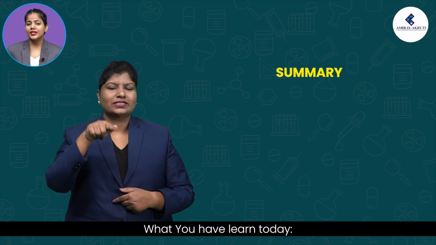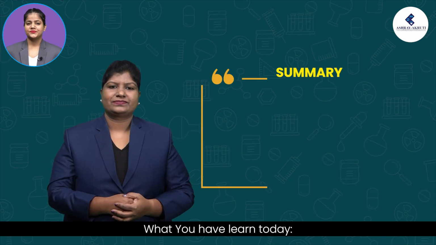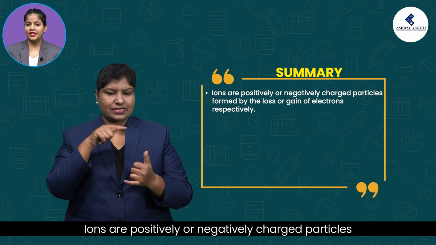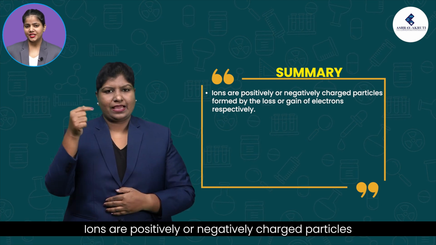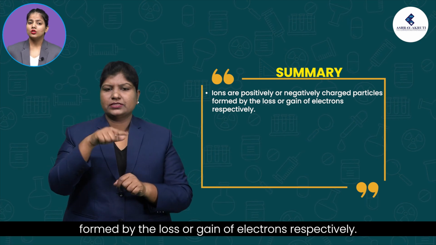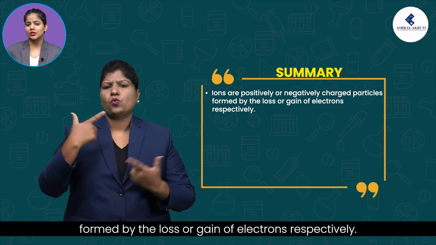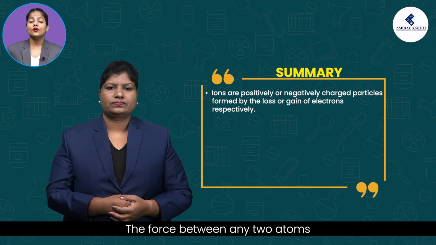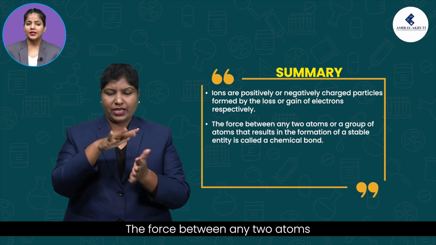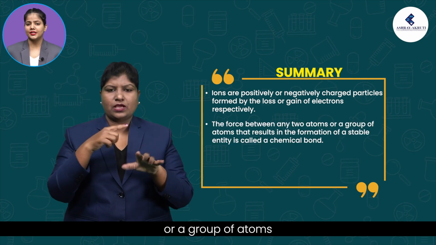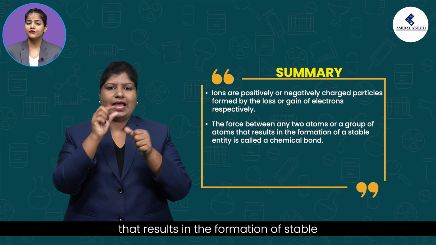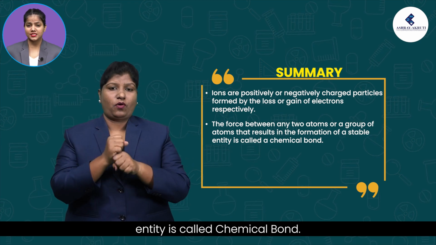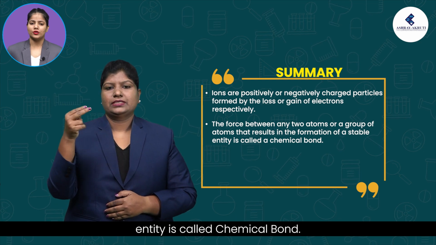What have you learned today? Ions are positively or negatively charged particles formed by the loss or gain of electrons respectively. The force between any two atoms or a group of atoms that results in the formation of a stable entity is called a chemical bond.